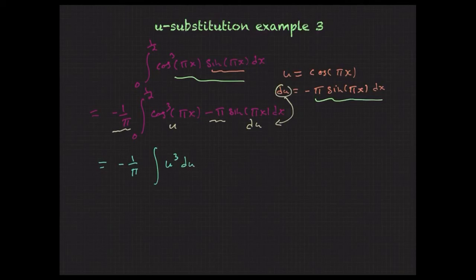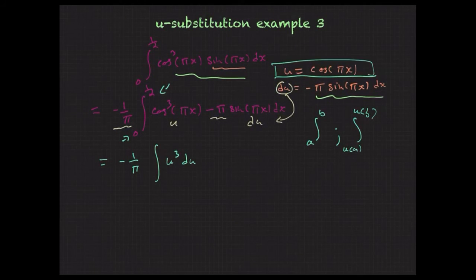I'm not looking at the a and b bounds. Since I've done the u substitution, I'm looking at u of a and u of b as the bounds of integration. And here, u is cosine of pi x, so I have to plug in a, which is 0, and b, which is 1 over 2, into cosine of pi x to get my new bounds of integration.